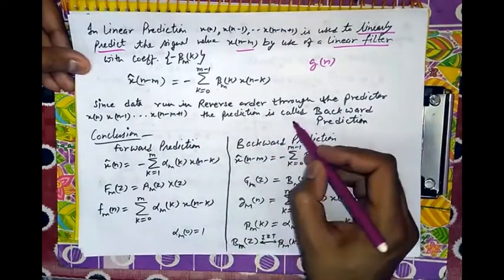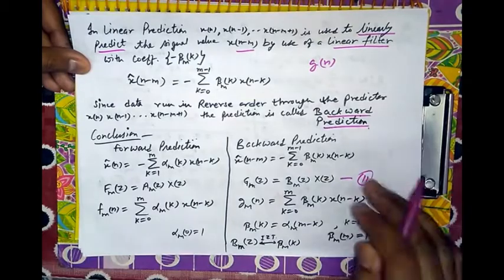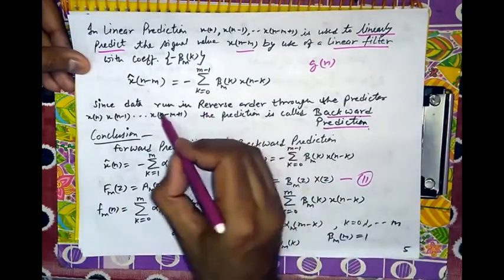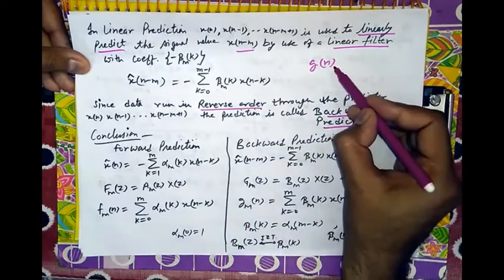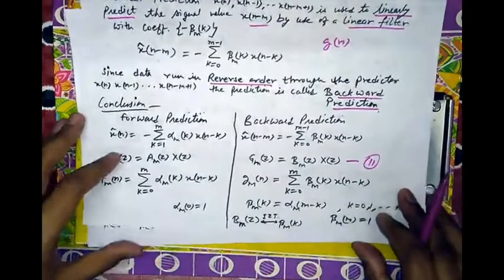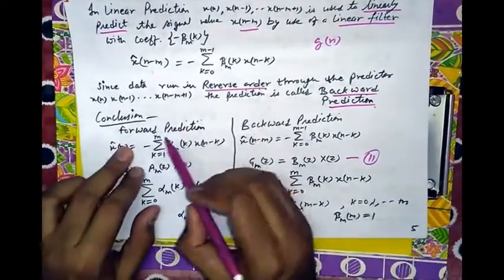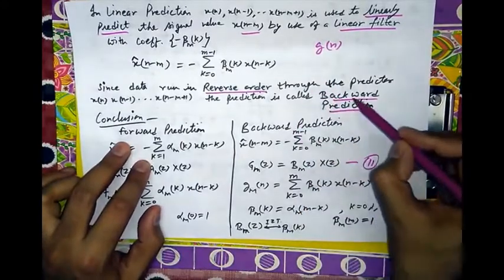So this type of prediction filter is known as a backward prediction filter, because in this case data is run in reverse order. So the conclusion is: why is gn needed? gn is needed to form a backward prediction filter.